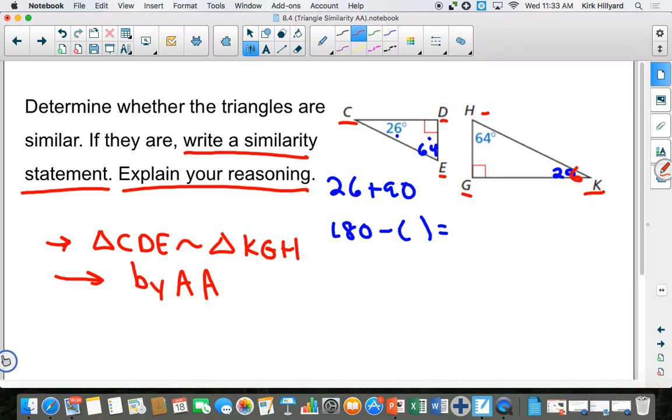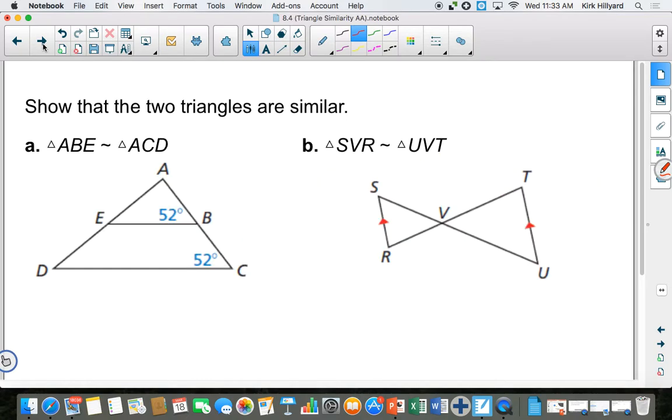All right, moving forward, we're going to do this for these two triangles. If we know that these two angles are both 52, you should conclude that those lines are parallel, though that really isn't important here. As you can see, they both share this angle A up top.